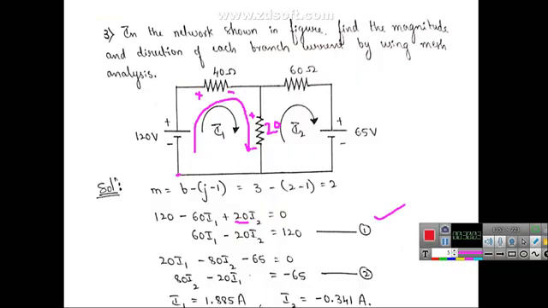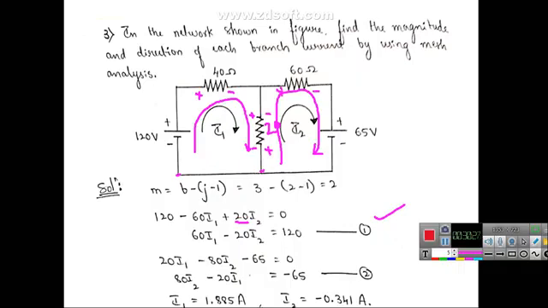Similarly, you can write the loop equation for mesh 2. If you start from this point, you can travel like this. The polarity for this I2 is positive, negative. Here also positive, negative. So you are traveling from positive to negative, which means there is a fall in potential.